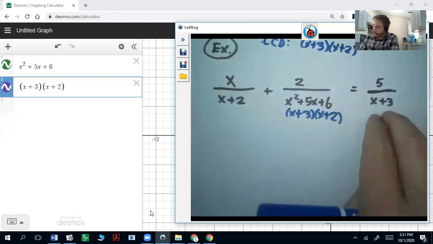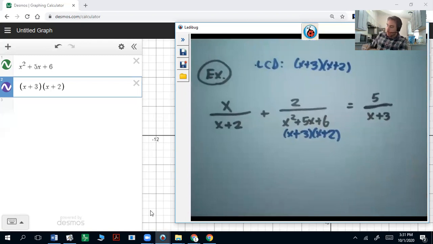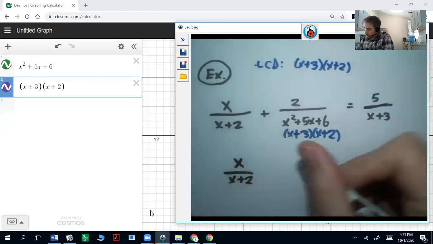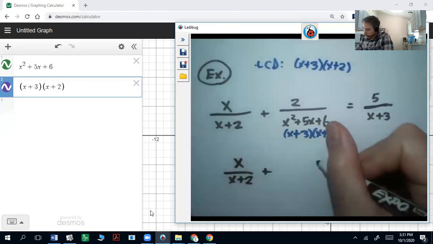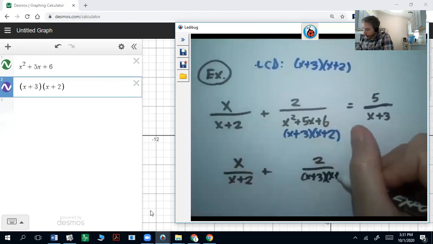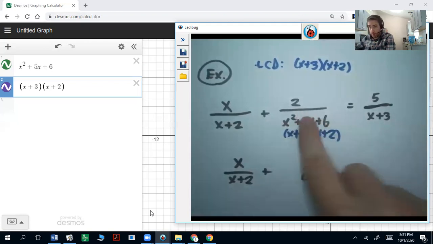And we already have an x plus 3 and x plus 2 there, so we don't have to rewrite them. But what we want to do is look at every fraction, and if that's okay with you guys, I'm going to write this as the factored form instead of the original.